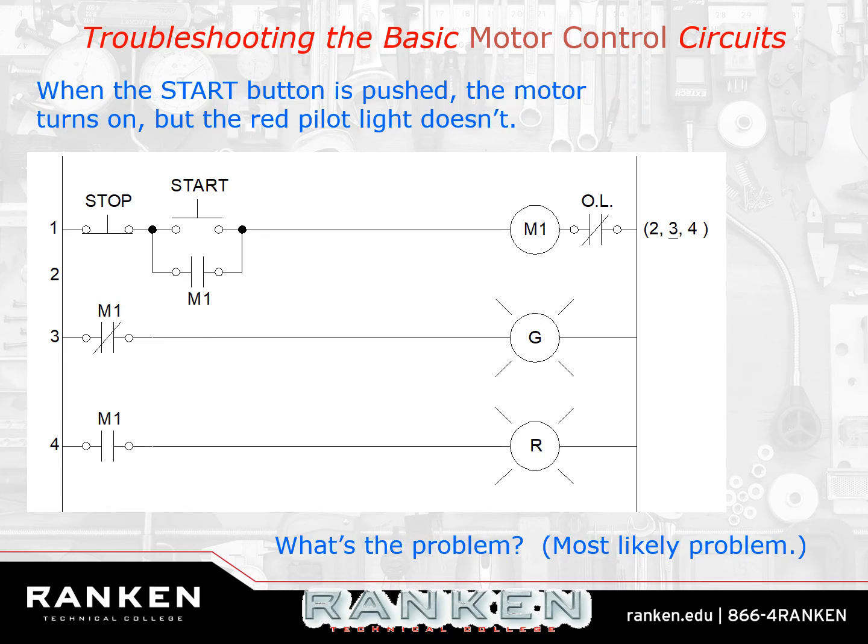So we talked about troubleshooting. I'm not going to beat this to death, but I do want to hammer on this a little bit. When the start button is pushed, the motor turns on, but the red pilot light doesn't. What can be the problem? What stops Pooh Bear from getting to the honey on the red line?